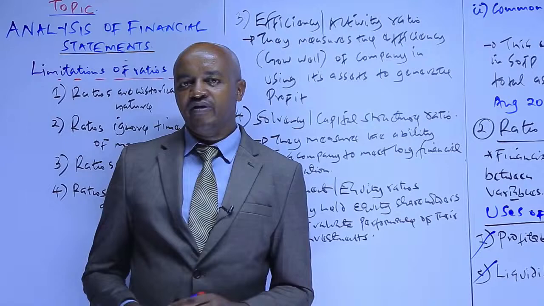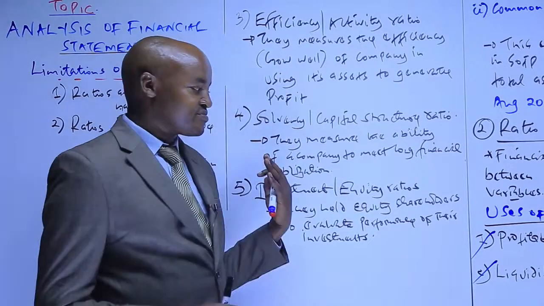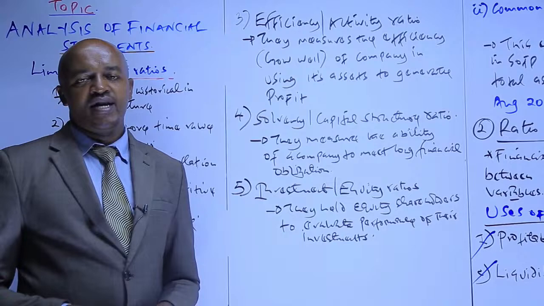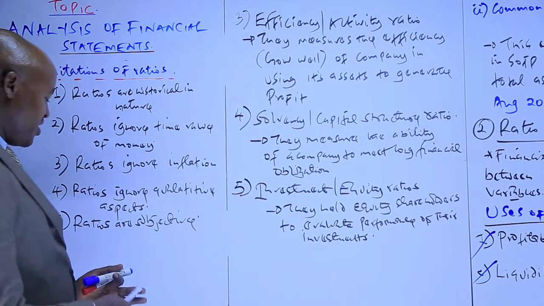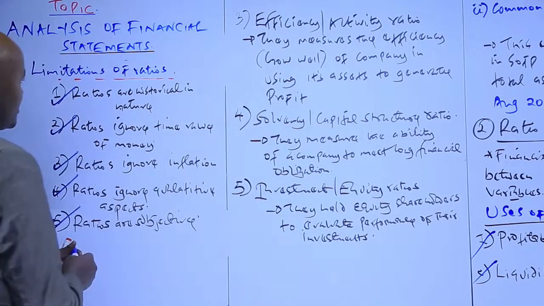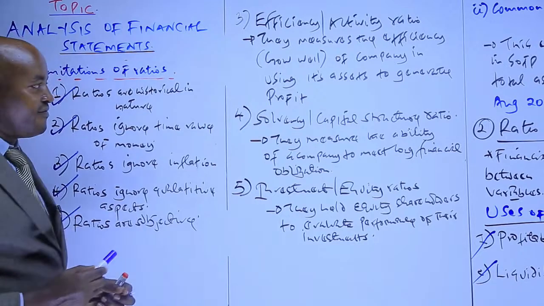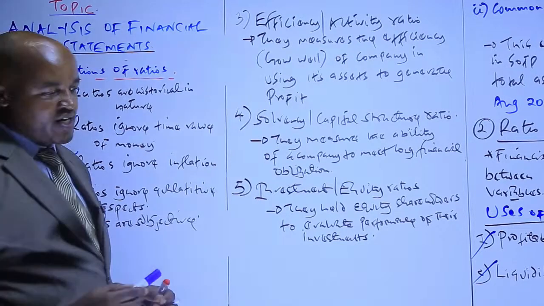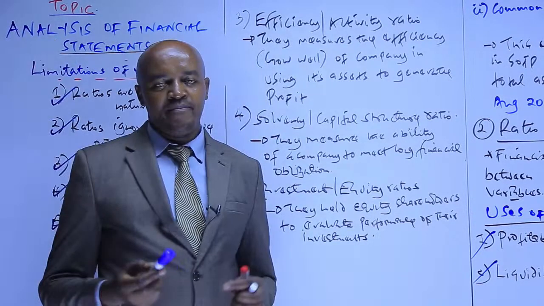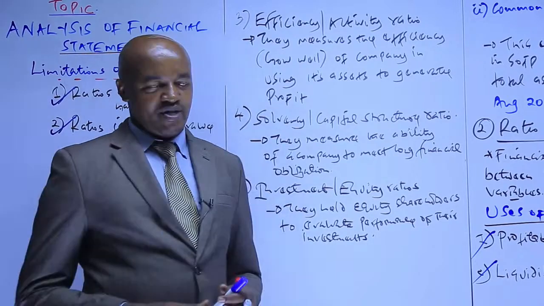Ratios provide information about profitability, liquidity, and efficiency of different entities. So these are basically some of the limitations facing financial statement analysis. These are very, very common questions, particularly in this paper called FRA. So therefore, you have to recall those particular limitations of ratios.